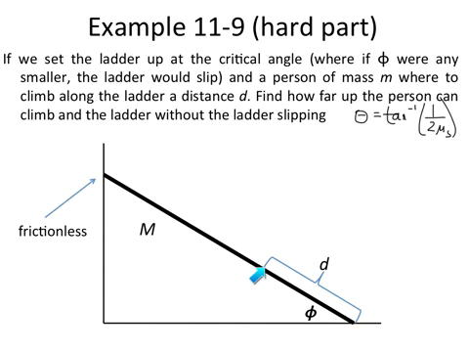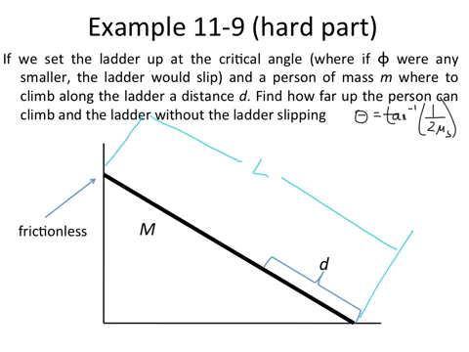A couple things I want to kind of write in here. This length from here to here, we call that L. That's the length of the ladder, right? Let me draw that sideways. Length L, okay? This distance d right here is the distance we're solving for. This angle here should be theta. It's marked as phi right now. I'll just go ahead and get rid of that.